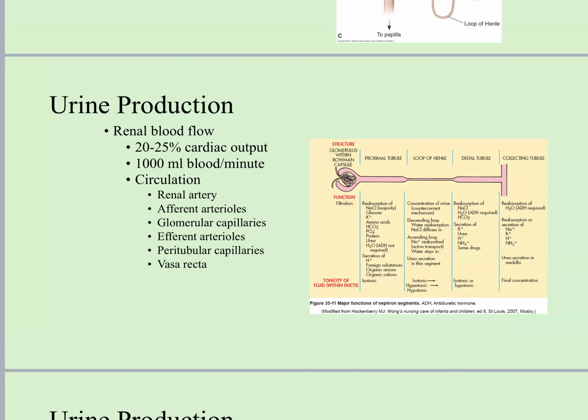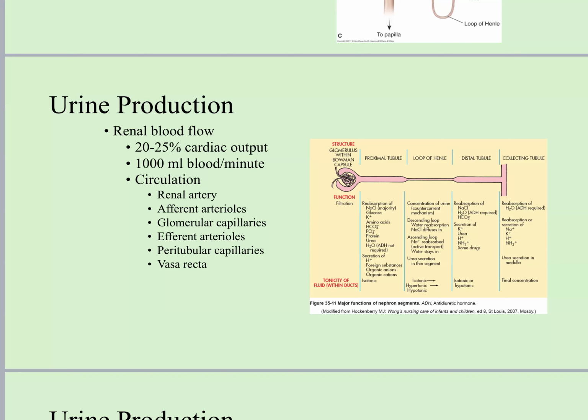Urine production, like I said, 20 to 25% of cardiac output goes to the kidney. It filters 1,000 mLs of blood per minute. And we have glomerular filtration, which you'll see abbreviated as GFR, glomerular filtration rate.